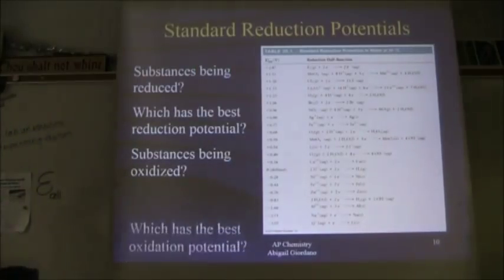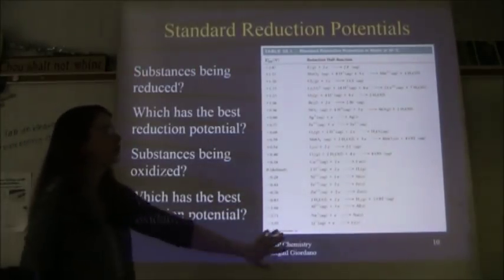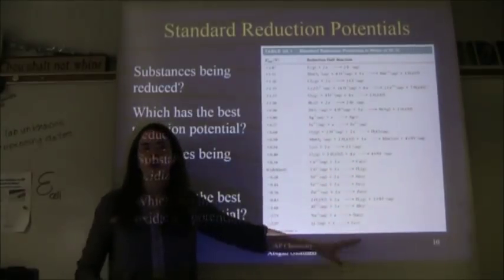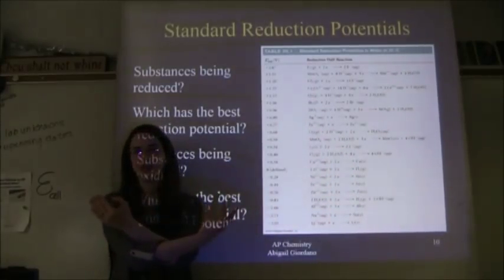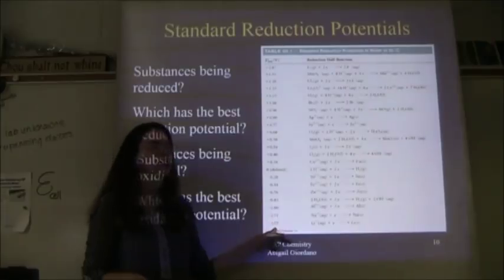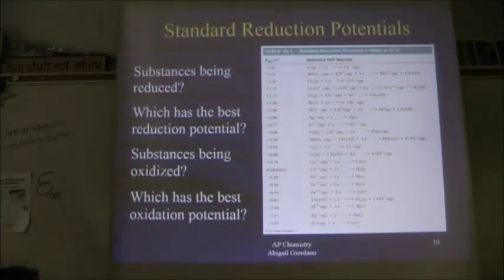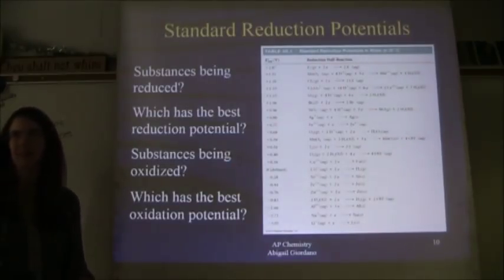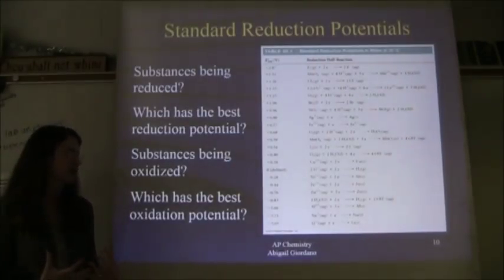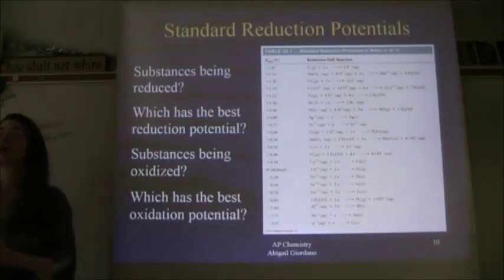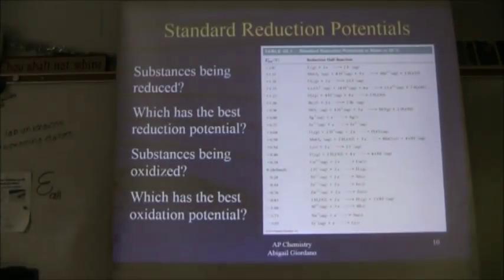So, use your imagination here. Not only do I want you to imagine this whole chart with all the reactions written backwards, but all of these numbers are opposite in sign. Which, either element or ion, is the most favored at being oxidized? Lithium solid or lithium ion? Which one?